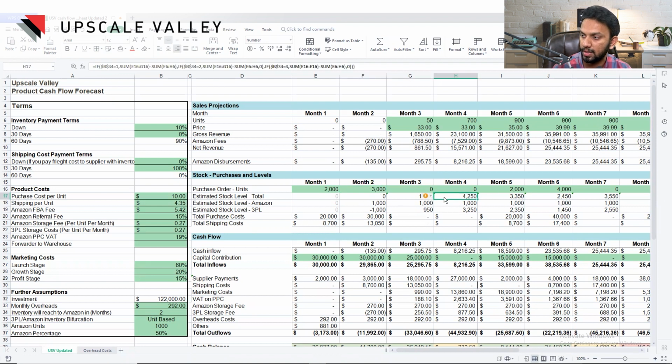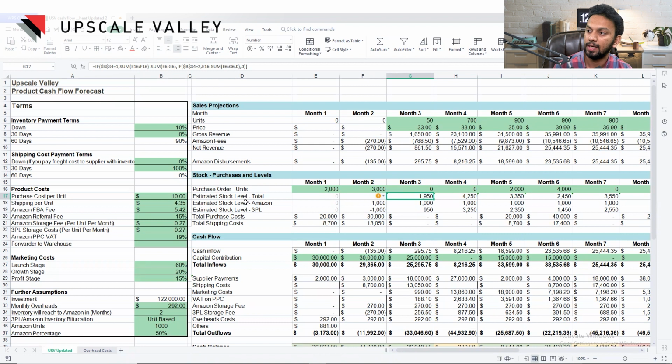So these are the buffer stock, and this is the total stock available, 1950. And then further we sold around 700 units, but then again we have added 3000 units further. So out of 5000 units we have sold 750 units, so 4250 units should be in buffer. So that's the total amount.